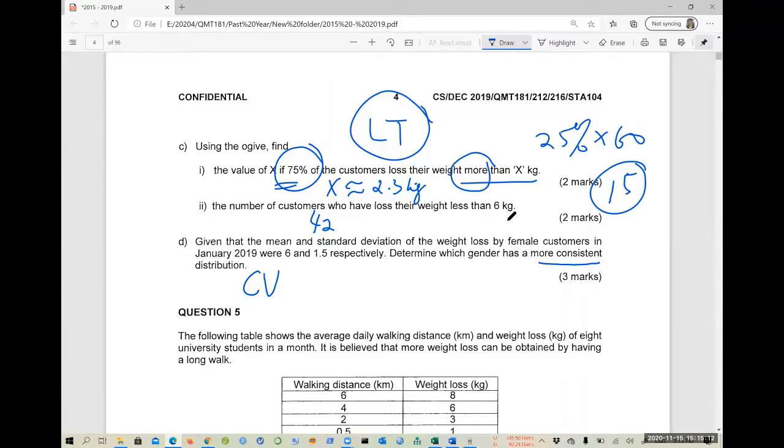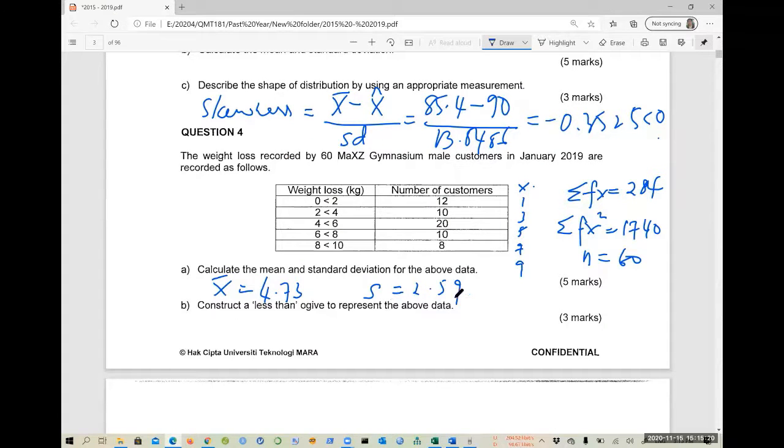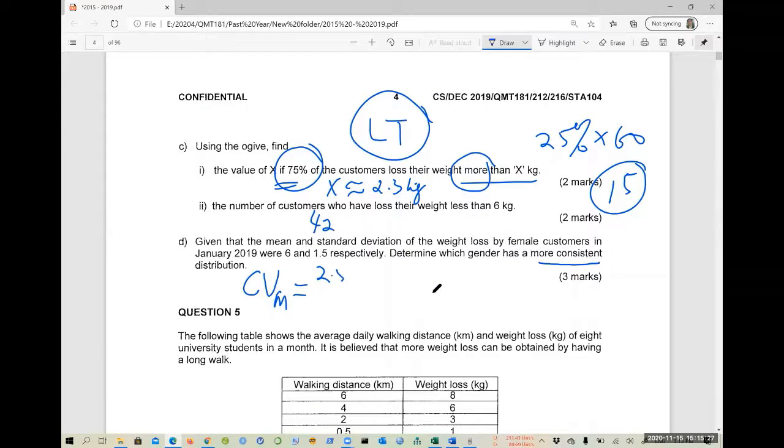So CV for male, this is the data that you have just calculated just now. So this is 2.59 divided by 4.73, multiplied with 100.